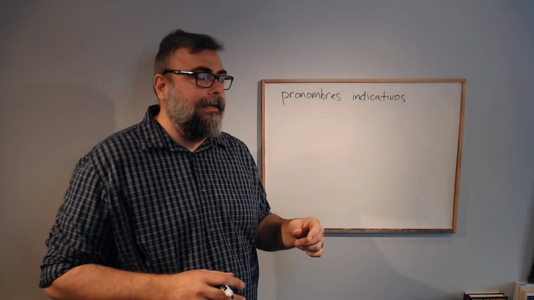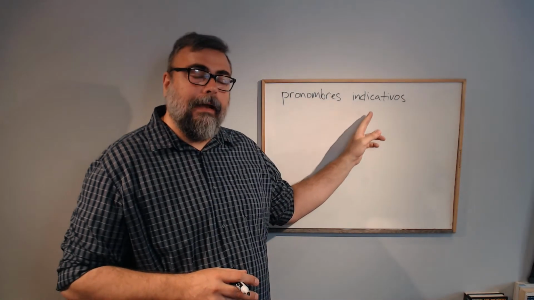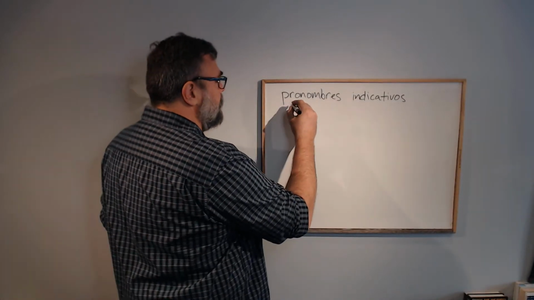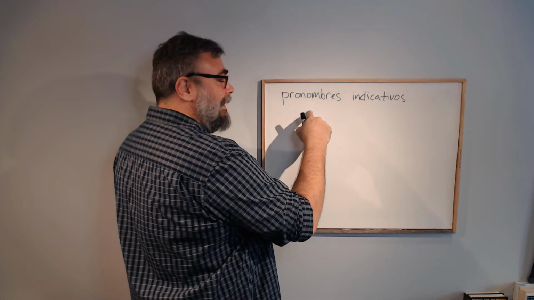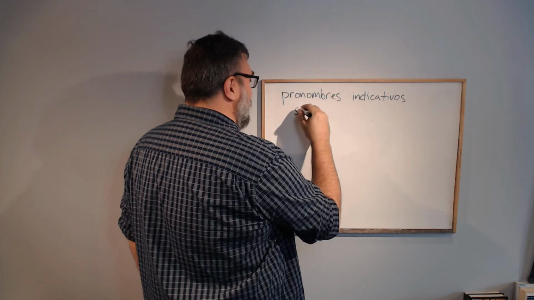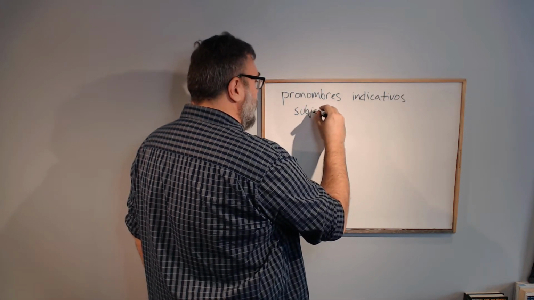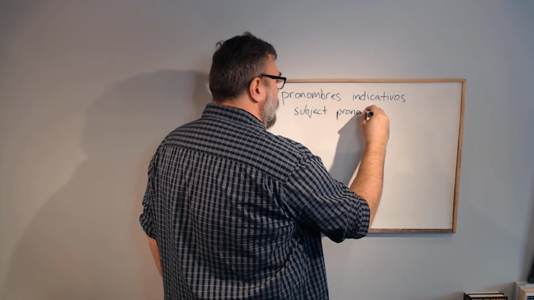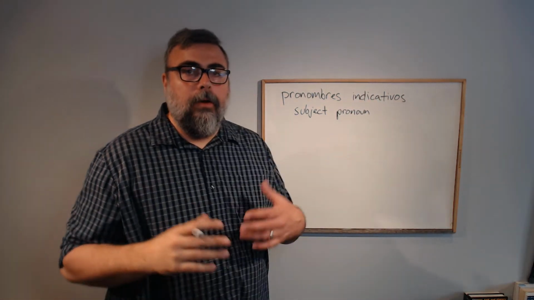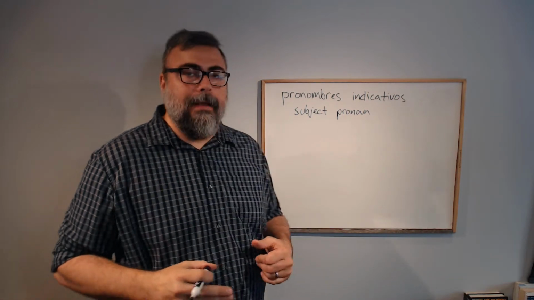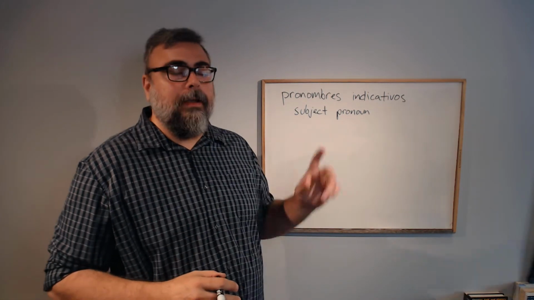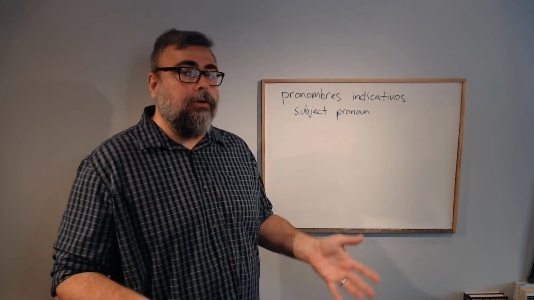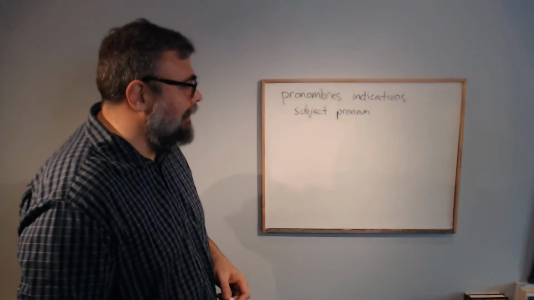En English. Pronombre indicativo en inglés es subject pronoun. So pronoun is here and subject is over there, but subject pronoun. Now, why do we call it a subject pronoun? Because these are the pronouns we use to talk about who the sentence is about, who the actor, who the agent in the sentence is.